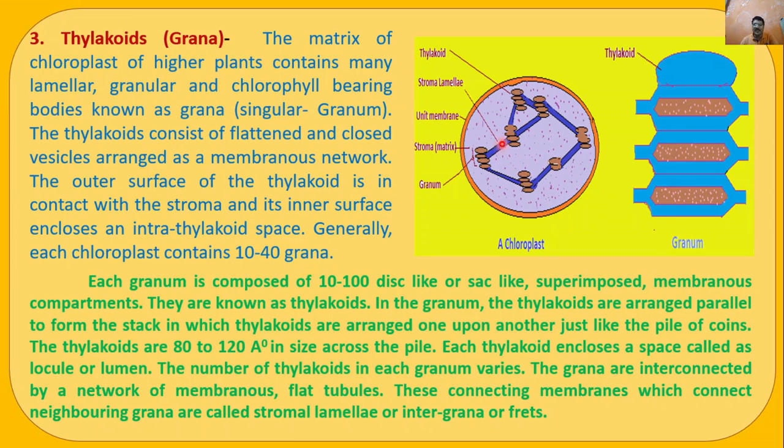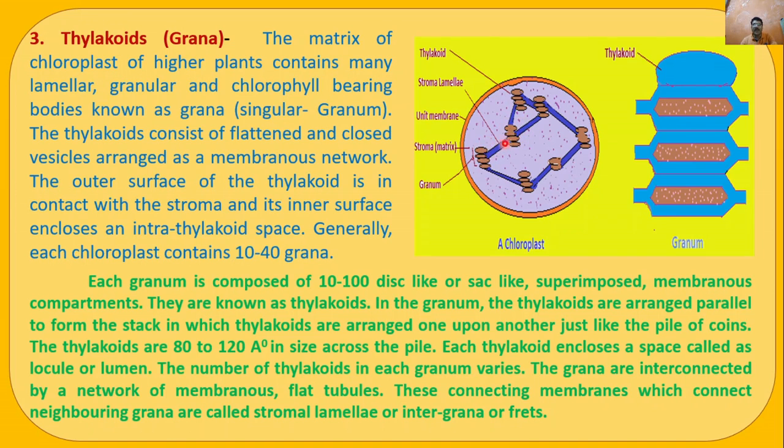So here you can see this bluish part, it is known as stroma lamellae. Why? Because they are also known as grana lamellae, because they connect two neighboring grana with each other. So here you can see this is one granum, this is another granum.